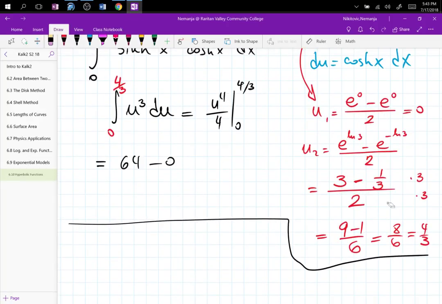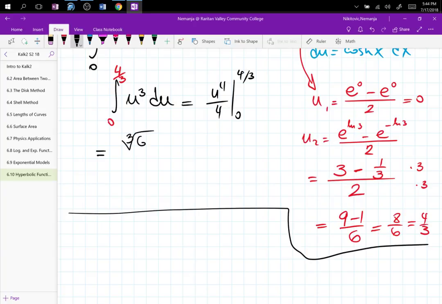So that changes everything over here. Now when I plug in 4/3, the 1 is going to cancel, so that's 64 divided by, that's a cube root of 64, right? Minus 0.